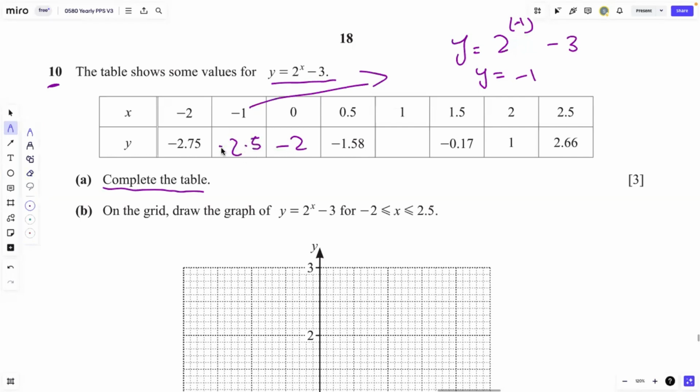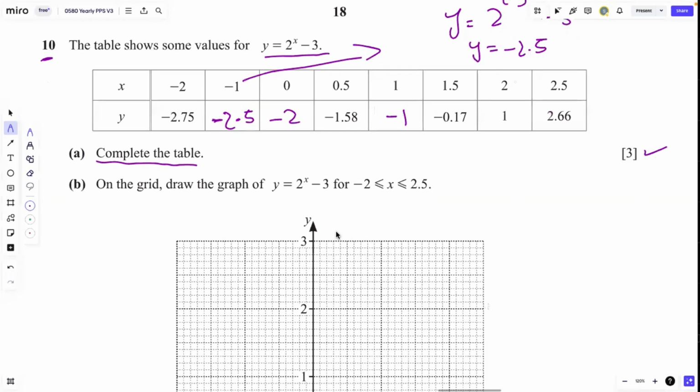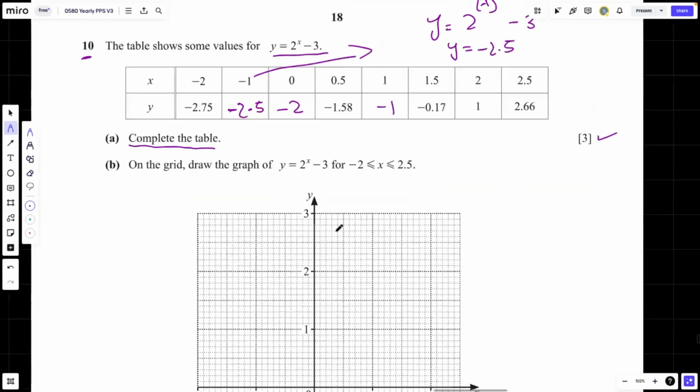For this exact reason, just make sure you use the calculator properly to plug in the values properly so you do not make a mistake. This is actually -2.5. This is -1. And I think that's all that we have to complete. So that's done for the first part. 3 marks, 3 easy marks, just for plugging in the values of x.